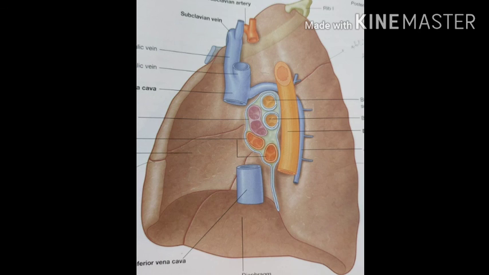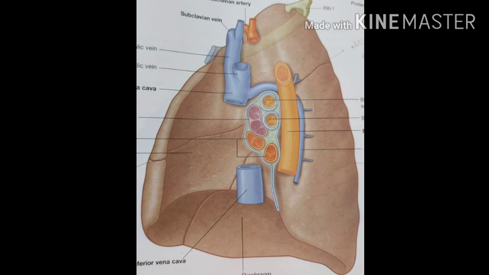As you can see in the diagram showing the medial surface of the right lung, you can very well appreciate the oblique fissure, the horizontal fissure, the superior lobe, the middle lobe and the inferior lobe. You can also appreciate the entry of the superior vena cava, the inferior vena cava, and the presence of the esophagus.